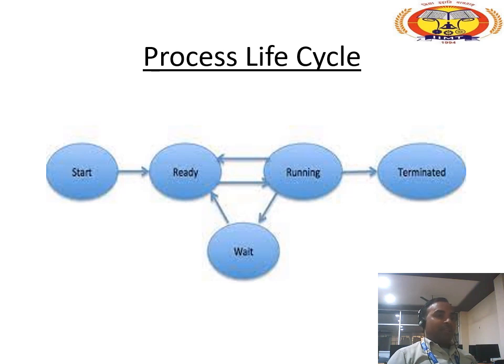From the start initial state, it will be in new state. So from the start it will go to the ready state. Ready means the process has to wait. Listen very carefully.